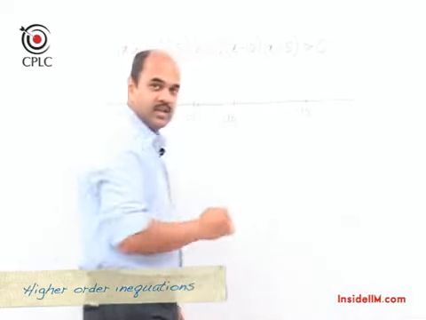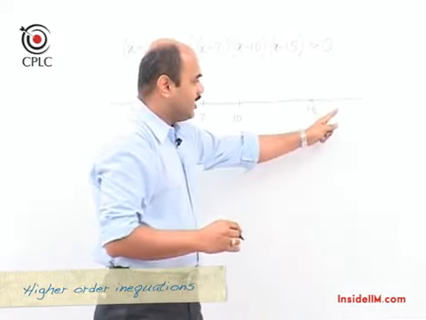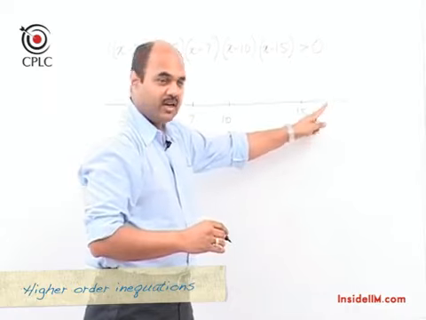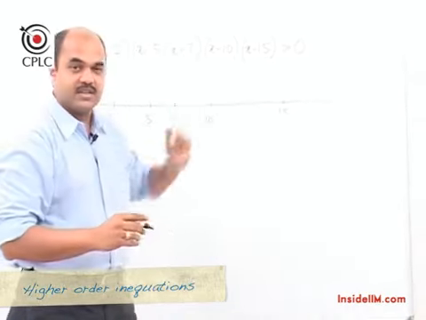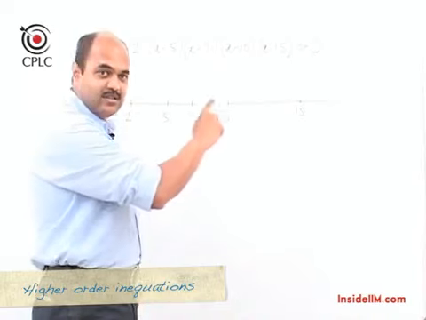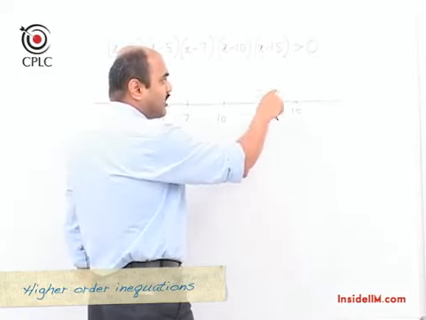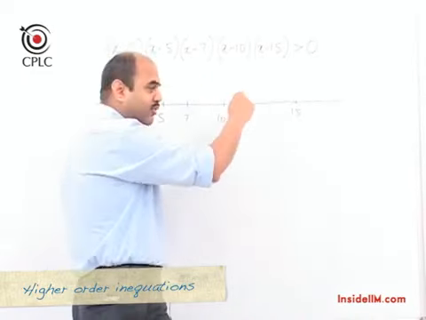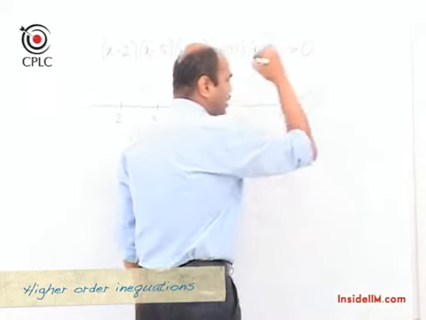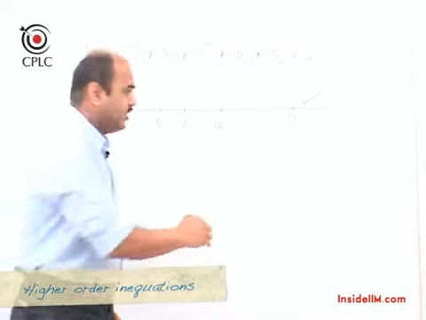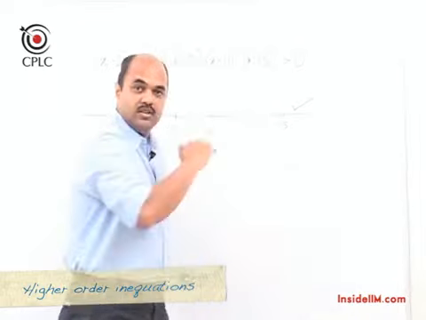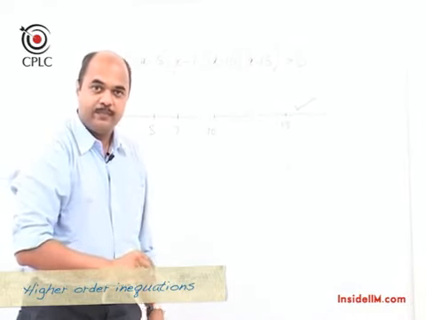So if I extend this line, if the value of x is greater than 15, I definitely know all the brackets are going to be positive, and hence for x greater than 15, this inequation will always be true. So I put a tick mark which indicates that in this range the inequation is always satisfied.